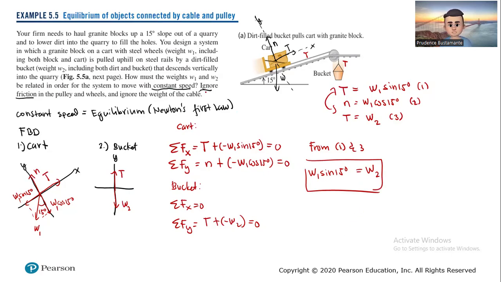The reason why they are equal is that we ignore the friction of the pulley and the wheels, and we also ignore the weight of the cable because the cable is weightless. That's why the tension here and the tension here are equal. Okay, so that's the relationship. The weight 2 is related to weight 1 by sine of 15 degrees.